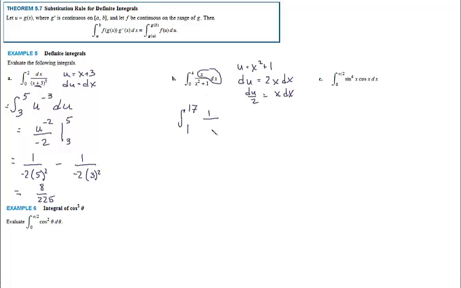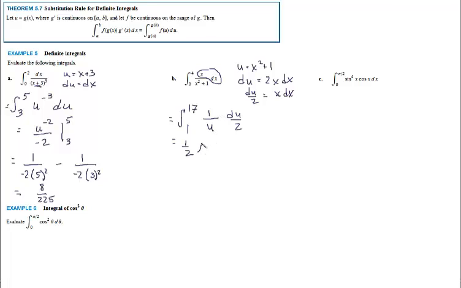1 over u, and then this x dx is du over 2, pulling that 1/2 out front. And whose derivative is 1 over u?